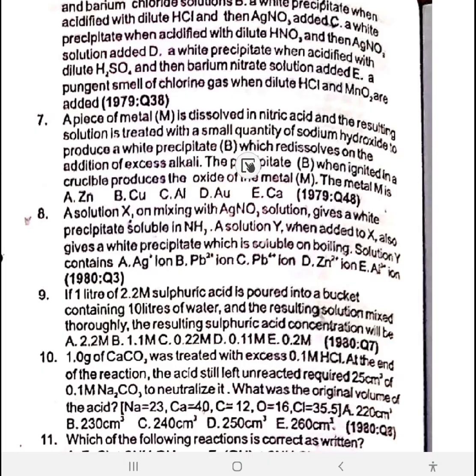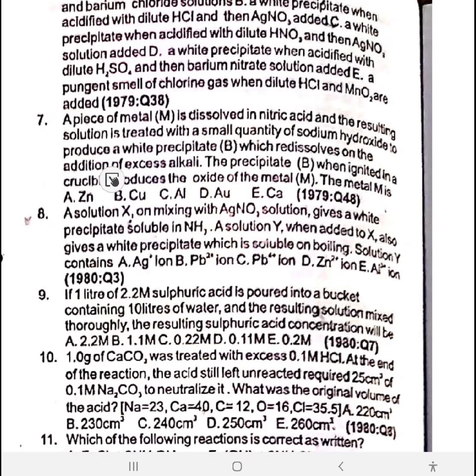But let's go further. So it could either be aluminium or zinc. But let's continue. A piece of metal M dissolves in nitric acid, and the resulting solution is treated with a small quantity of sodium hydroxide. So acid and base at the same time is either zinc or aluminium.